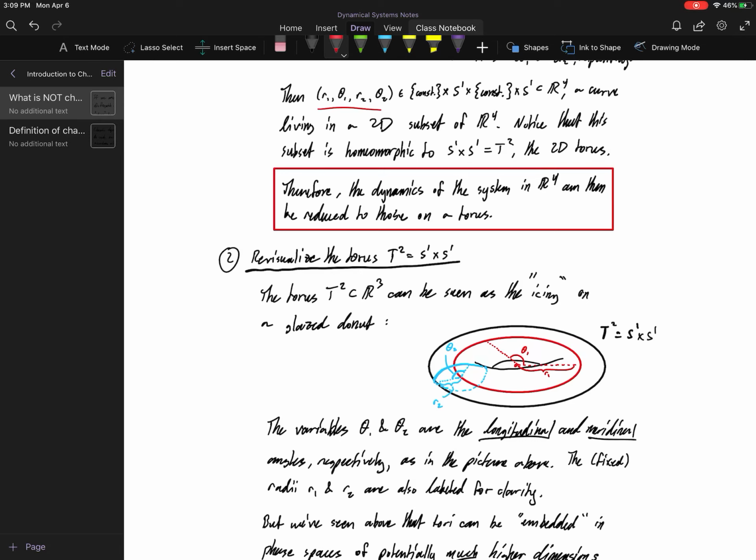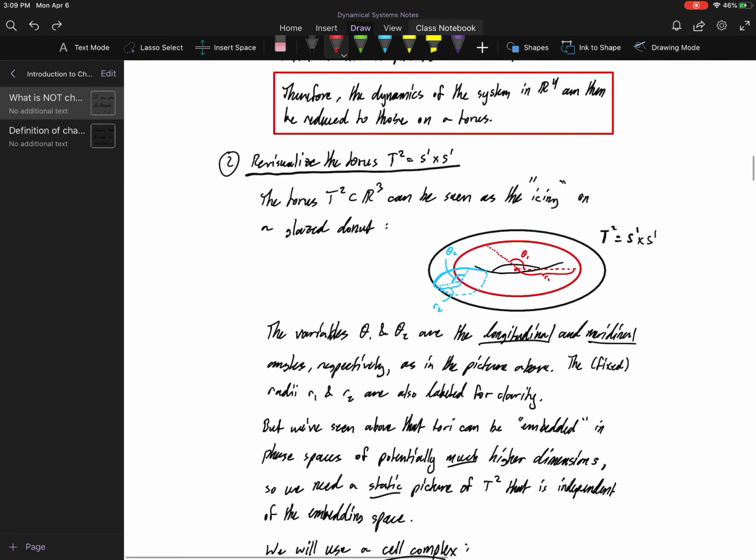But remember, it's a little bit tricky to see what these spaces look like because they are four-dimensional, right? They do still live in four-dimensional space, but they are on smaller dimensional subsets. So we need to find some consistent way of visualizing this torus without appealing to what's called an embedding space.